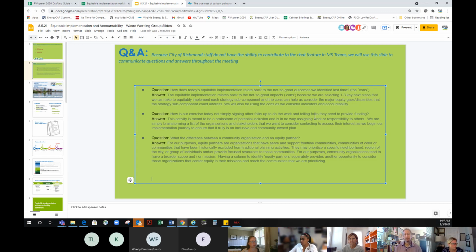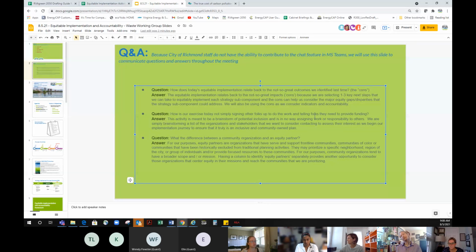The third question was, what's the difference between a community organization and an equity partner? To spell that out, for our purposes, the equity partners are those organizations that have a mission to specifically serve and support the frontline communities of color, or communities that have been historically excluded from traditional planning activities.